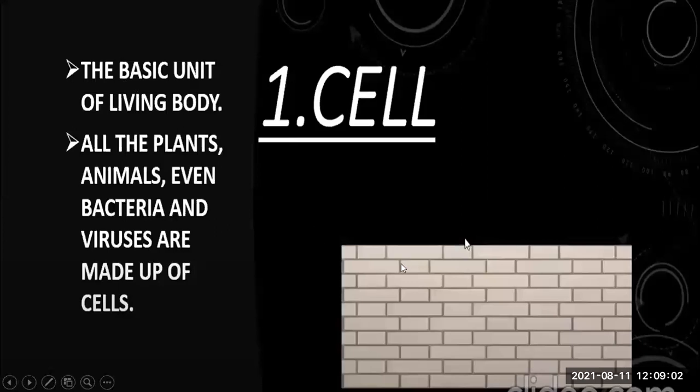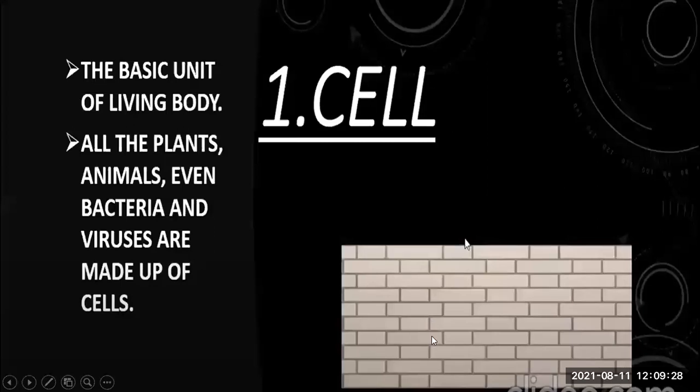So if you see this wall, what is the building block over here? What is the thing which has made this wall? Of course, the building block is the brick. The bricks are arranged one after another, one onto another, joined together, and they have successfully made a wall.